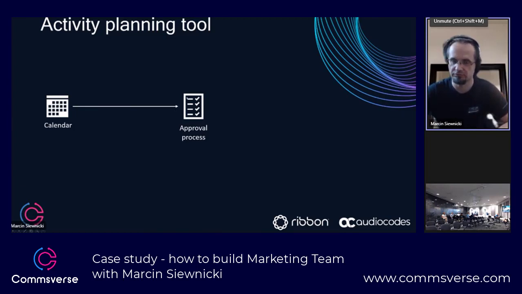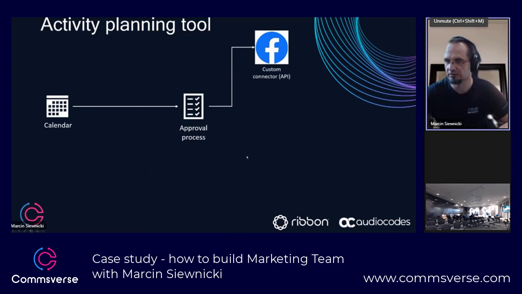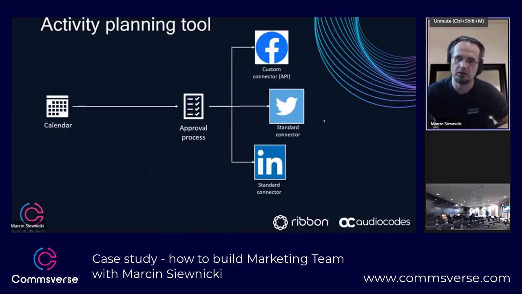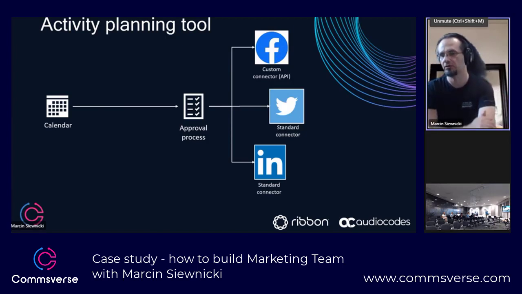Then someone must approve that request, and at the end, I can automatically publish this on Facebook, on Twitter, on LinkedIn, on whatever I want. For my customer, I created a custom connector for Facebook because it's not out of the box in Power Automate, but it's quite easy. It's not very complicated. We created a custom connector, and after some one-stage approval, if it's approved, Power Automate quickly goes and publishes such information on the corporate Facebook page.